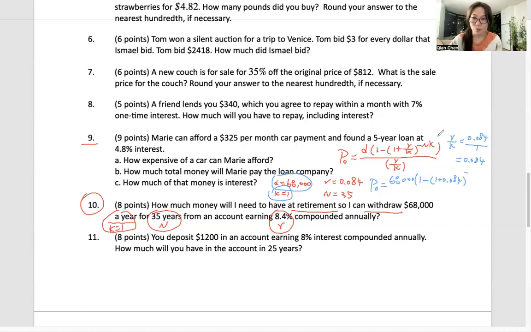Then this raised by, what about N times K? N is 35, K is 1, so still 35. Raised by negative 35. That's the numerator. Denominator, we have R divided by K, which is 0.084. Now we have to do the inside of the parentheses. 1 plus 0.084, so we just get 1.084. So we need to calculate 1.084 raised by negative 35. So let's hit into a calculator.